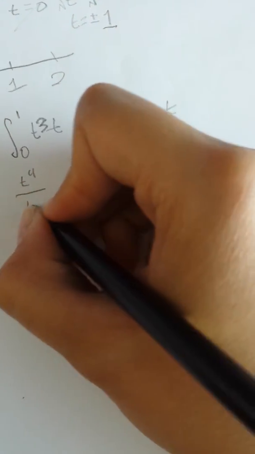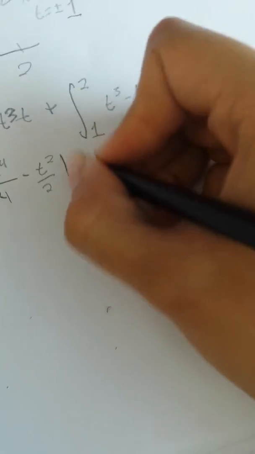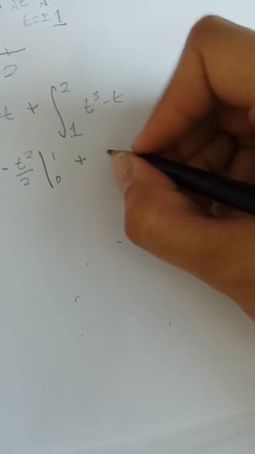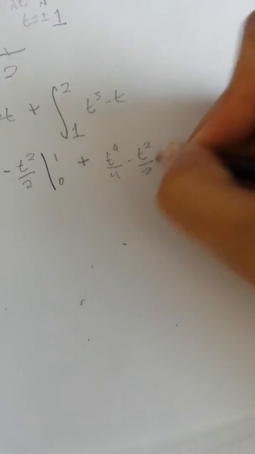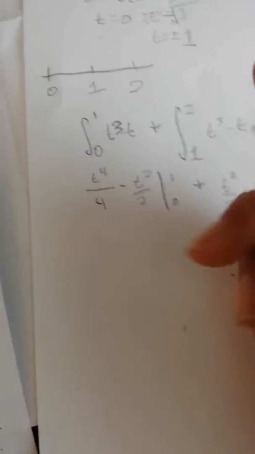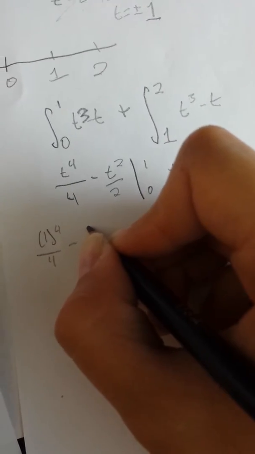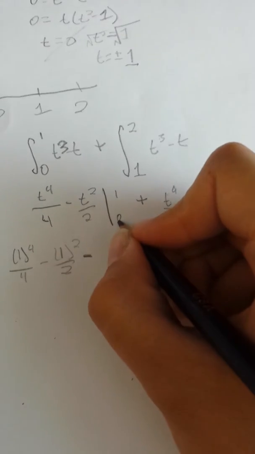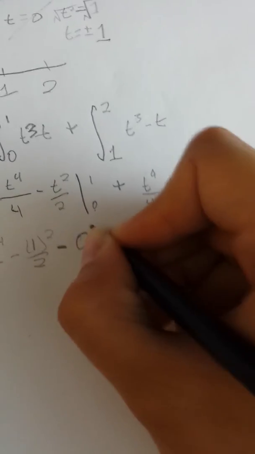T to the 4th over 4 minus t squared over 2, bounds 0 to 1, and then plus, again, t to the 4th over 4 minus t squared over 2, bounds 1 to 2. Okay, so you need to subtract the bottom from the top. So you get 1 to the 4th over 4 minus 1 squared over 2, minus, your lower bound is 0, so obviously it's just going to be 0.